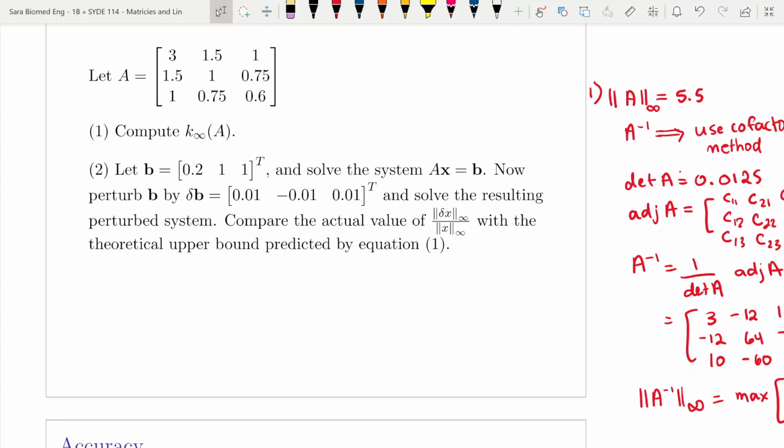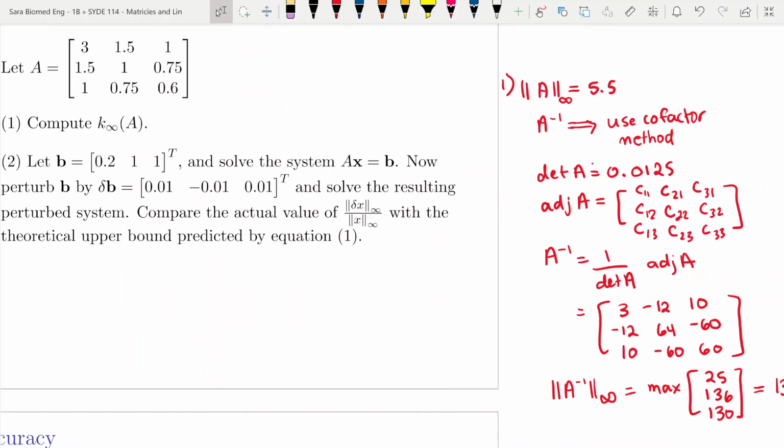3, -12, 10, -12, 64, -60, 10, -60. Okay, that's good. Now we can compute. So the norm of A should be norm of A, and now we need to specify the kind, because we're computing the inf norm, so it's going to be inf here.